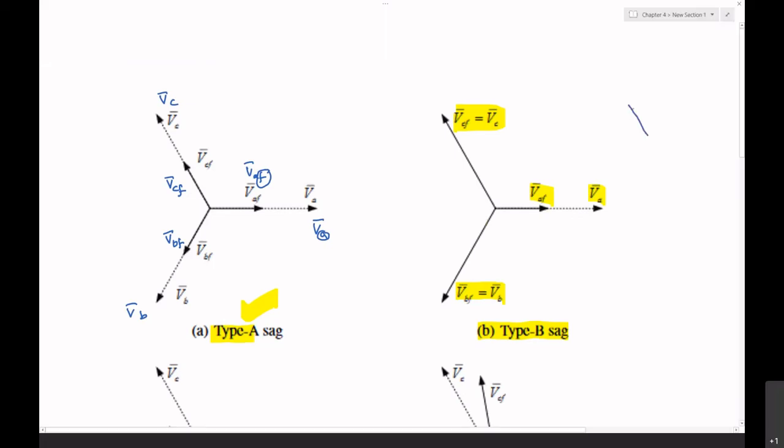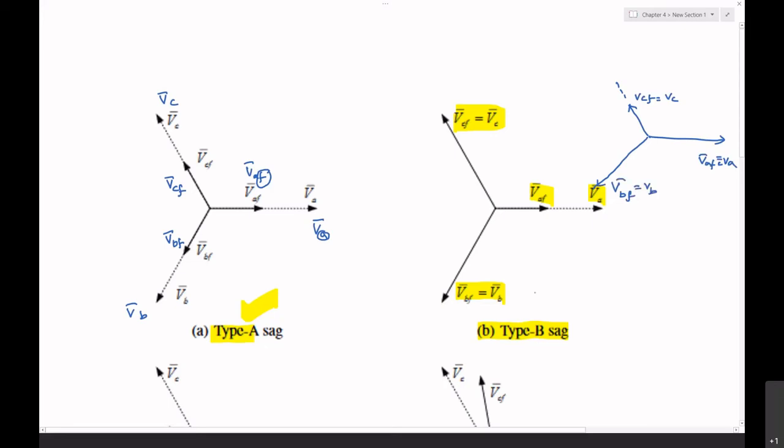Maybe only a reduction in the C phase, and there won't be any reduction in the voltage magnitude in the A phase, and not in the B phase either. Here VCF is equal to VC, VAF is equal to VA, and VBF is equal to VB.